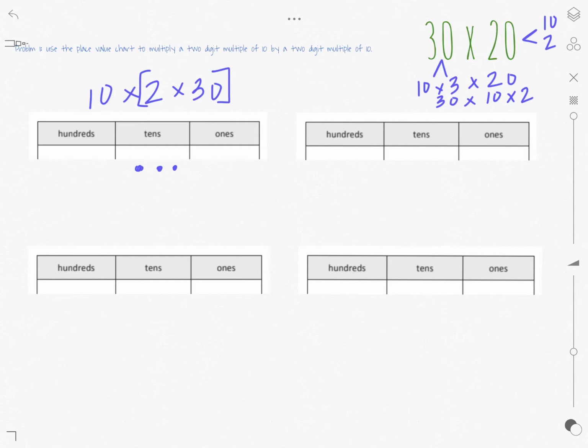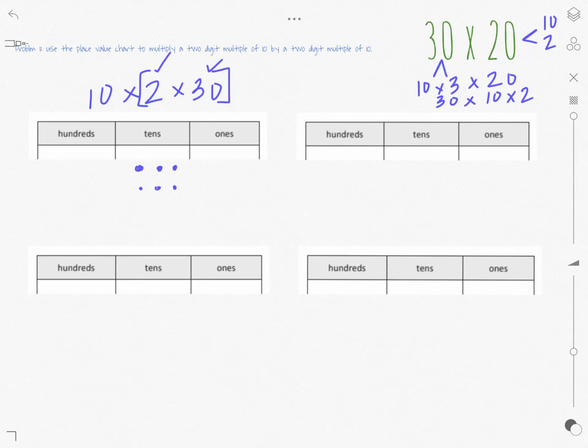So I'm showing 30, check. Now I need to multiply that by 2. Well, here's one group of 3 that I have there in the tens. I need a second one. So I'm going to add a second group of 3. Check. Okay. Last step here, can't forget about that 10. I've got to multiply by 10. Well, in order to multiply by 10, I've got to think, how many place values am I going to move it over? Well, a key for me, I'm looking at how many zeros does that 10 have?